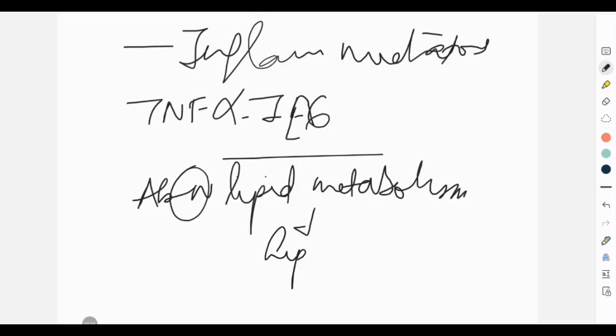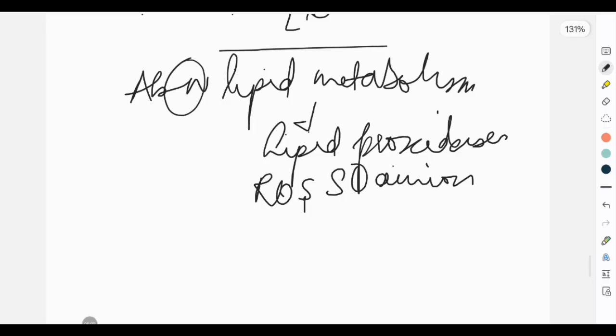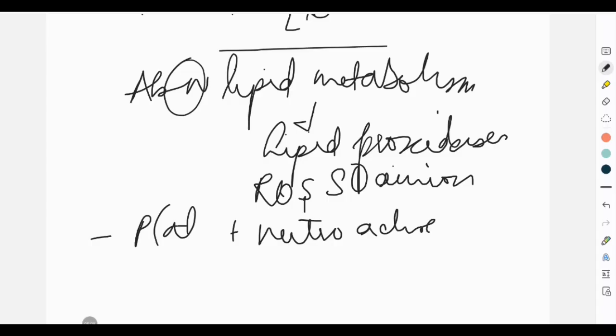Lipid peroxidases are produced, like ROS, superoxide anion radical. Then there are platelet plus neutrophil activation.